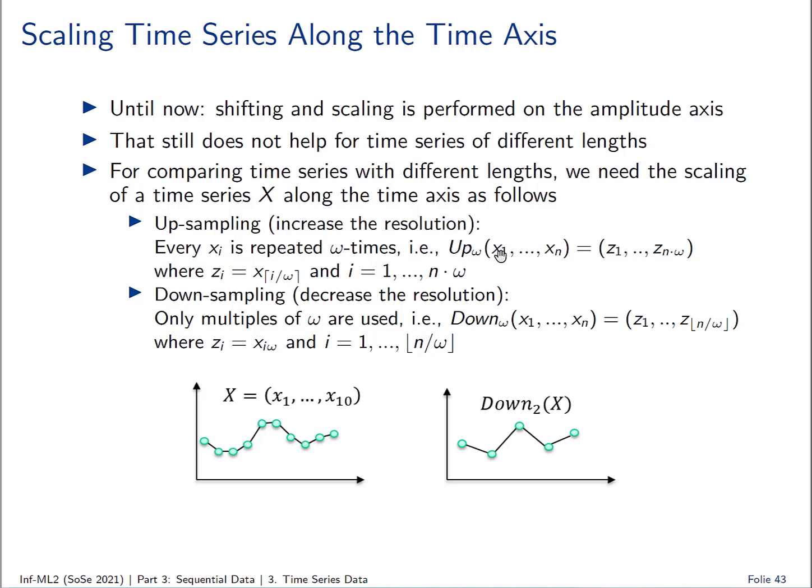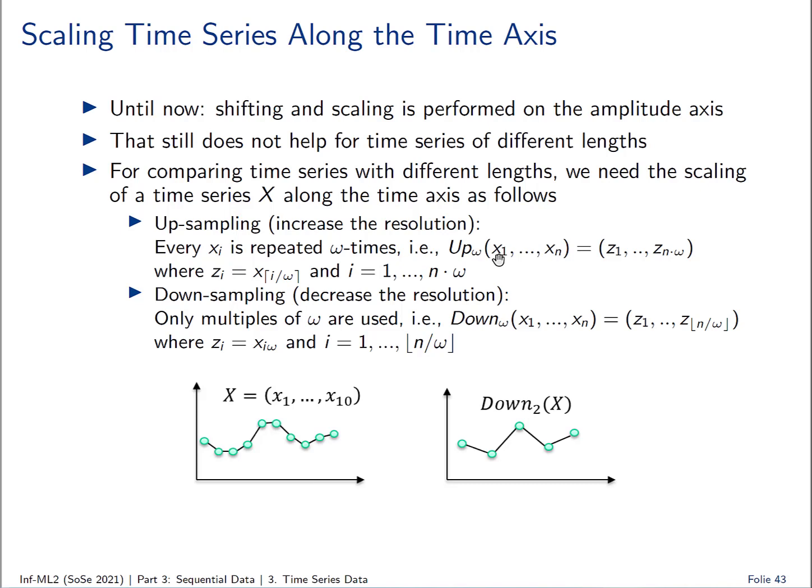We just blow it up, so to say. We increase the length of the time series by simply repeating every value a given number of times, omega times in that case. So we blow it up by a factor of omega.